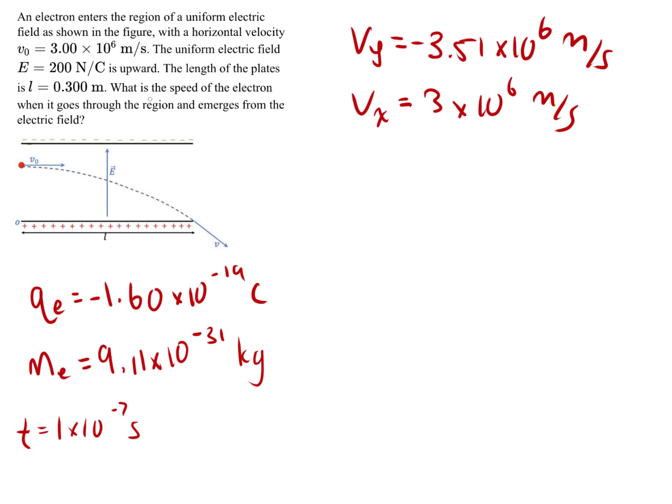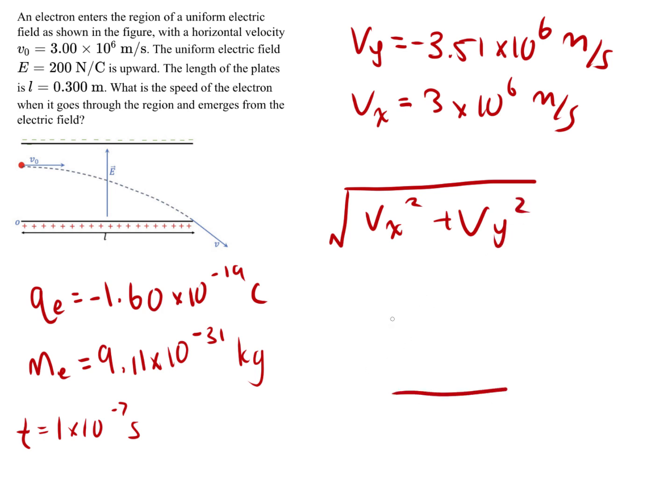So now to calculate the speed of the electron, we're just simply finding the total magnitude of the two. So this is simply the square root of the x velocity squared plus the y velocity squared. It's like the distance formula.